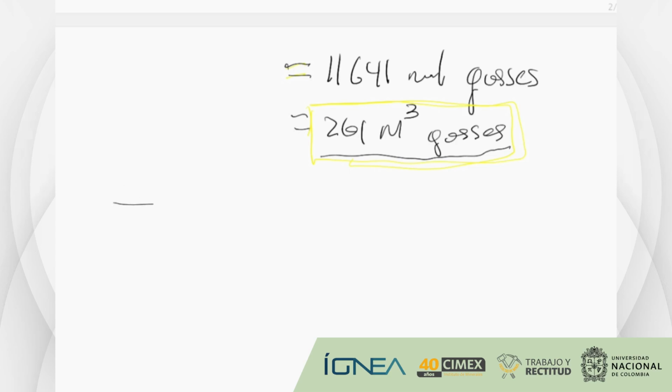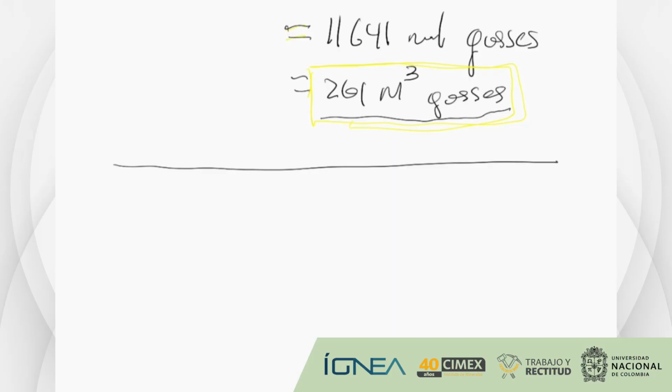Okay, and the third question is about the air. In order to define the quantity of air, we need to define the quantity of oxygen that we have in the furnace. Remember, we had the furnace, and in the furnace we have air.